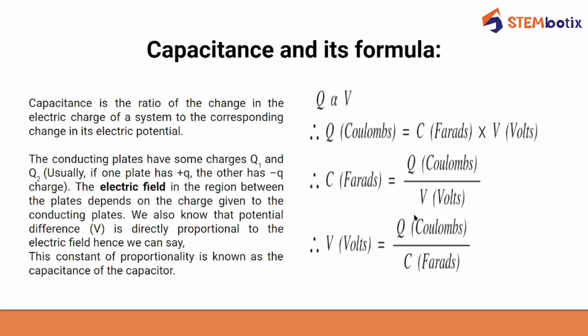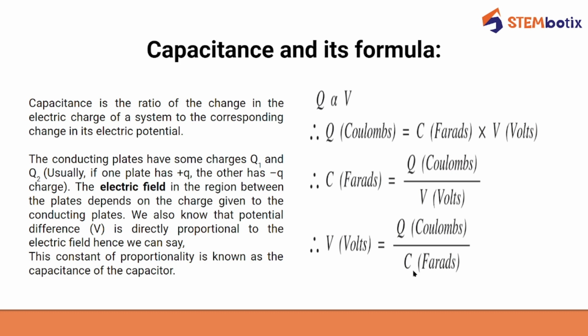The conducting plates mean two electrical conductors. The two conducting plates have some charges, Q1 and Q2, usually Q1 for one plate and Q2 for the other plate. The electric field in the region between the plates depends on the charge given to the conducting plates. We also know that the potential difference V is directly proportional to the electric field.